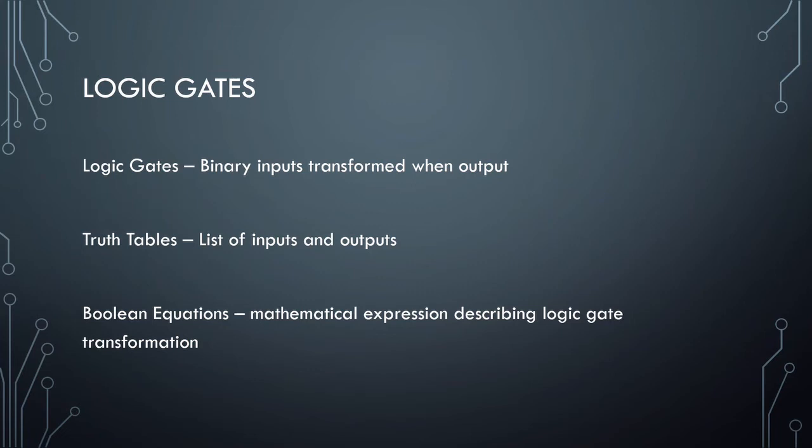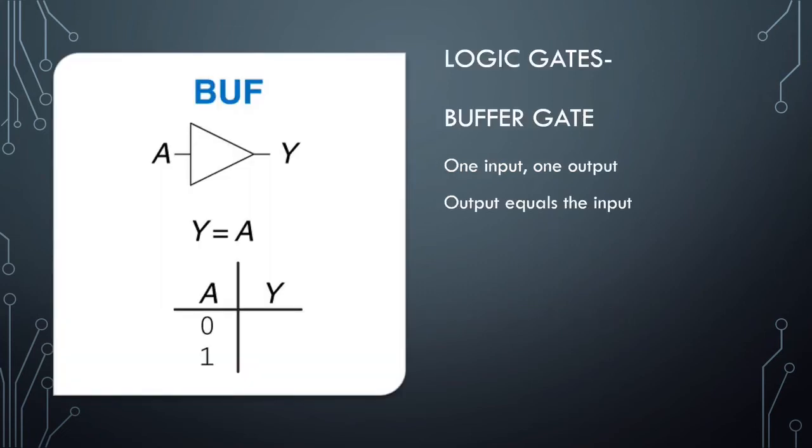Our first gate that we're going to talk about is a buffer gate. This is technically a gate, but it's pretty simple and pretty boring, to be honest, but that's good. This is a good gate to start out with. So in a buffer gate, whatever is input, the output is going to be equal to that.